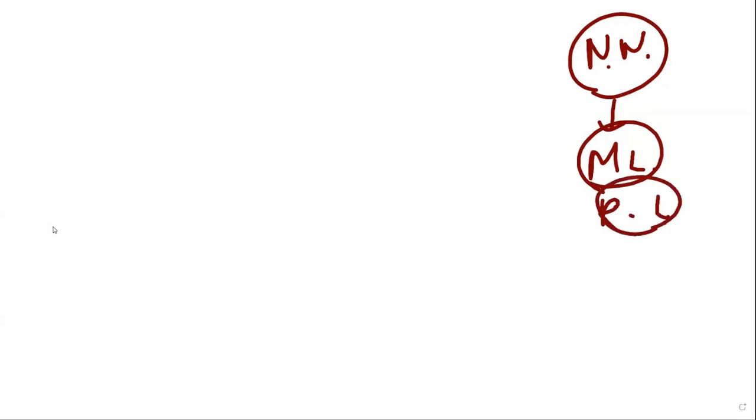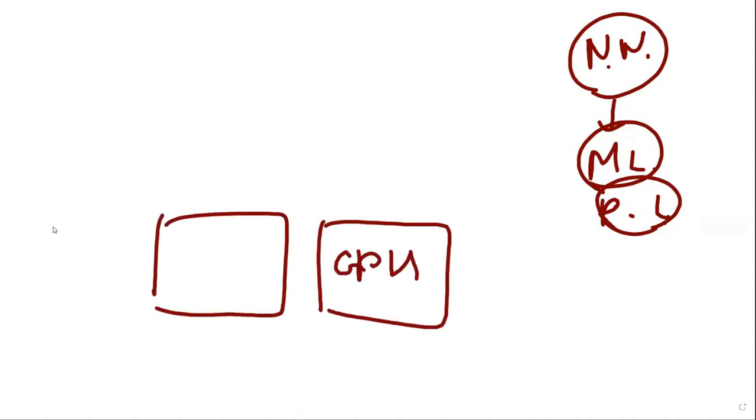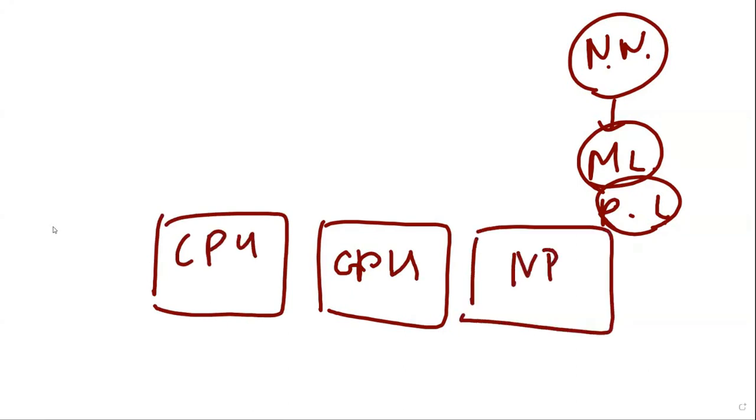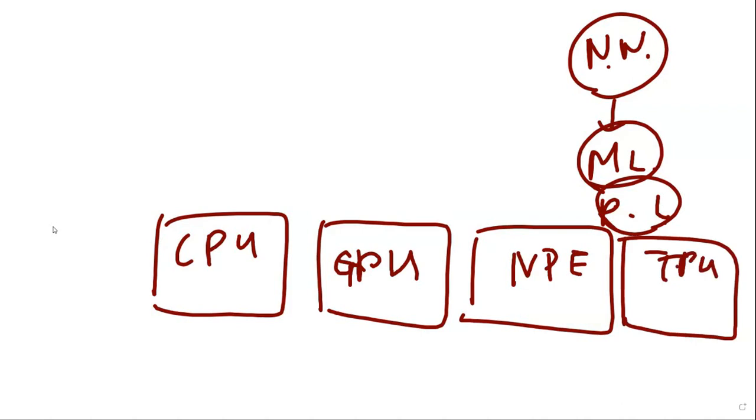Neural network combined with machine learning, forming reinforcement learning, forming modern robotics design. The control part, right? You may need a good GPU, a good CPU, maybe also a good NPU, neural processing unit, maybe also some TPU. A lot of processors are involved now.